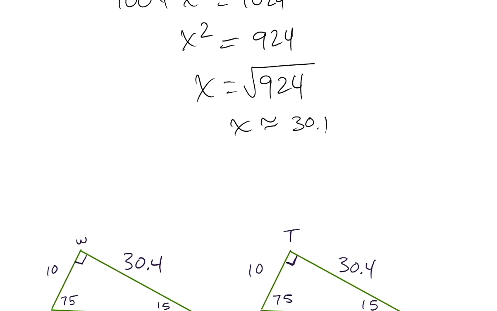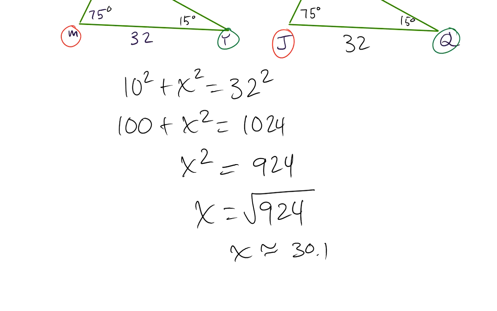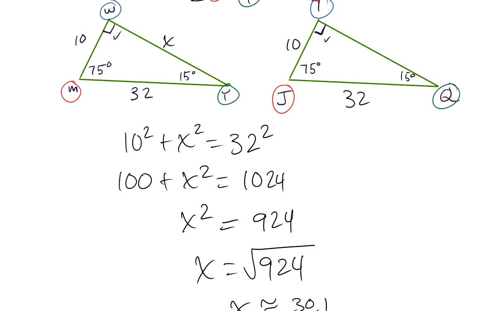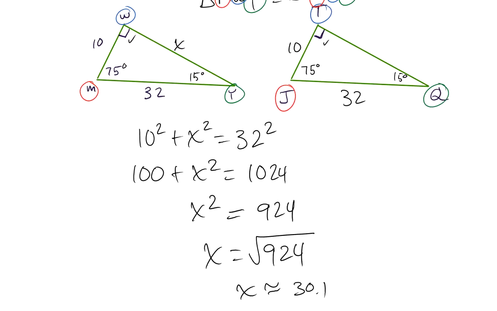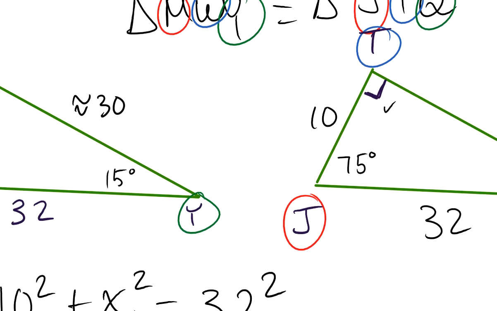And probably in this course, I should be rounding that to just 30 because all of my input values are rounded to the nearest whole side. So I'll say that x is about 30. So we'll go ahead and label this final side, and I'm reluctant to just put 30, so I'll put that this one's approximately 30 because it's not exactly 30.